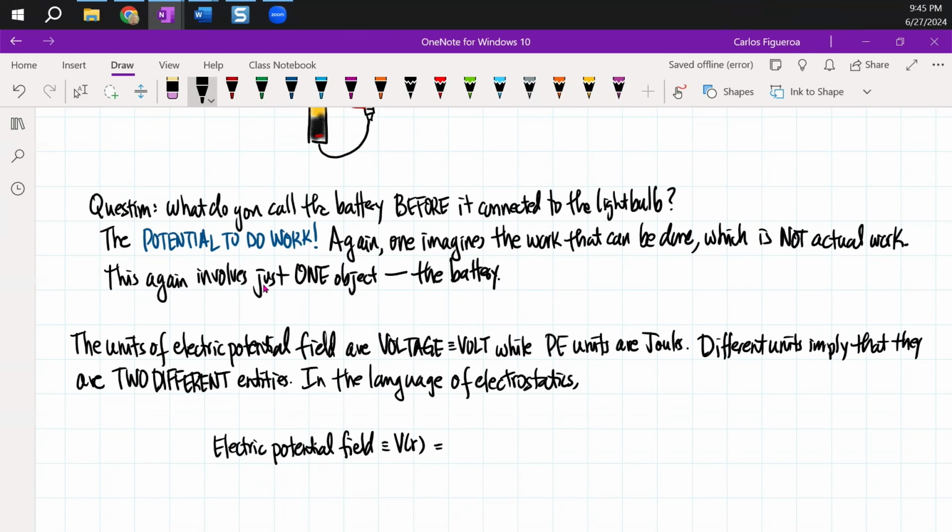And we typically don't say electric potential field, we just use the word potential. And I would say this is the most common. But there's another language where they call it a node voltage. Here, this is the language of circuits. But this is what we have.